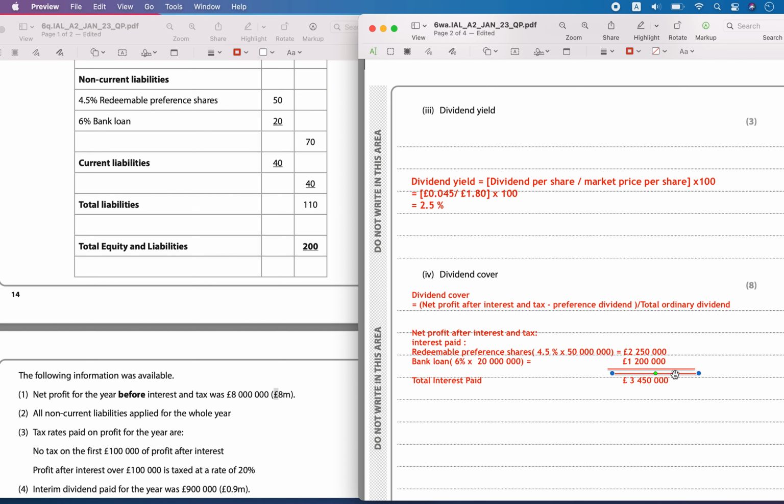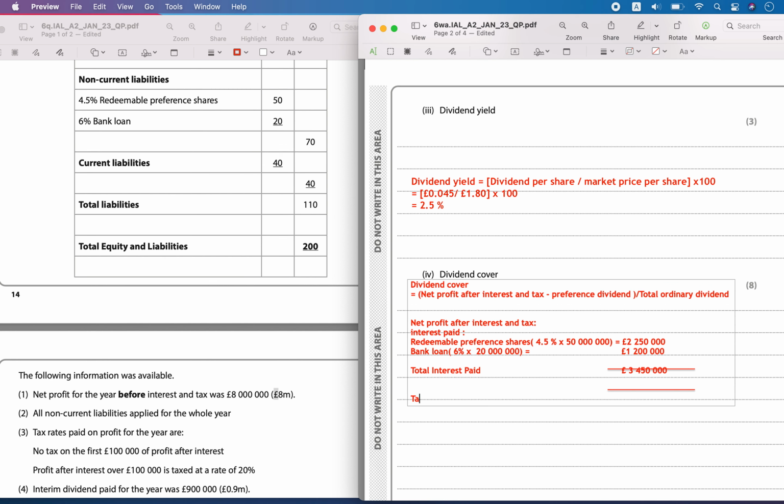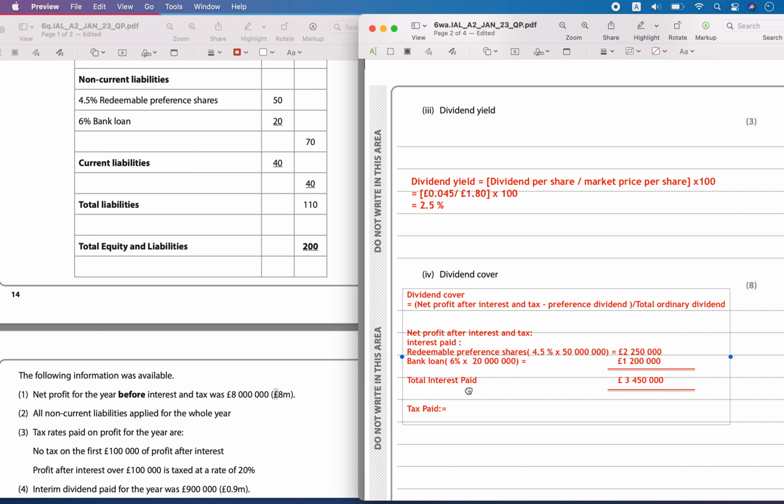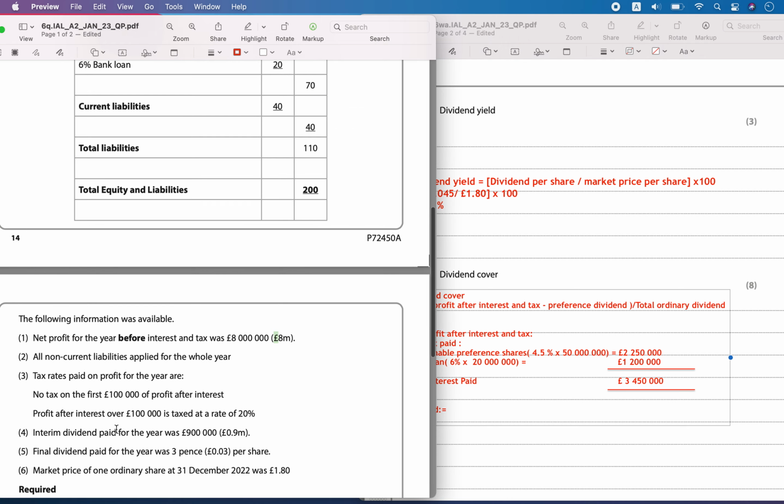Now let's calculate what tax amount was paid. It says the tax rates paid on the profit for the year are no tax for the first 100,000 pounds of the profit after the interest.